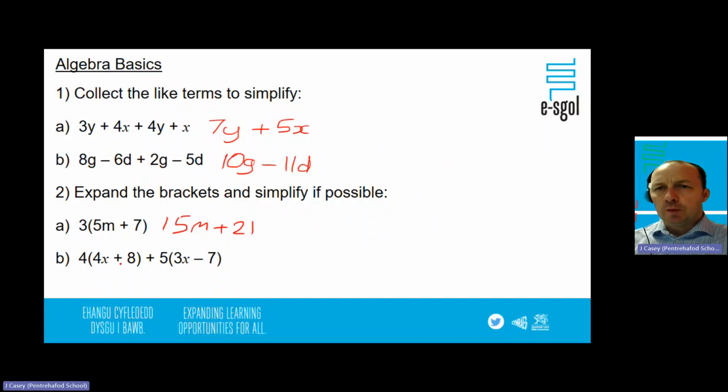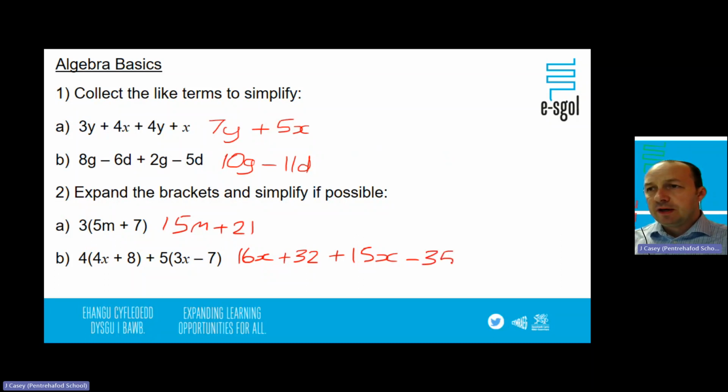The next one has a bit more going on because there are 2 brackets. I'm going to multiply out the first set of brackets as its own question, if you like. So 4 4s are 16, so that's going to be 16x. 4 times 8 is 32, so I'm adding on 32. Then I'm going to expand the next set of brackets. 5 times 3 is 15, so 15x. And then 5 times -7 is -35.